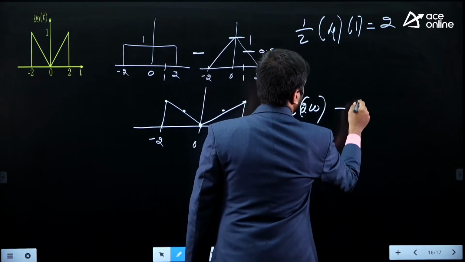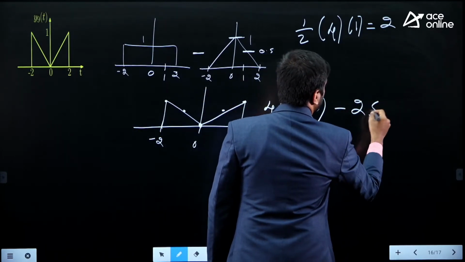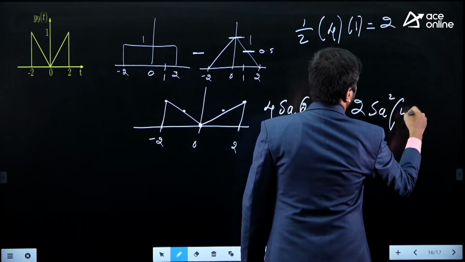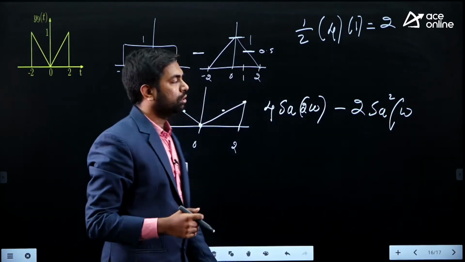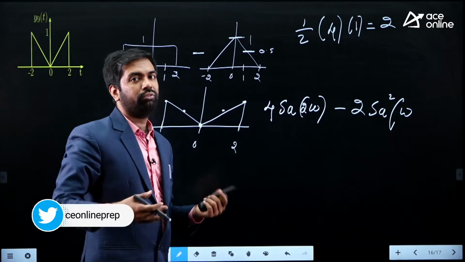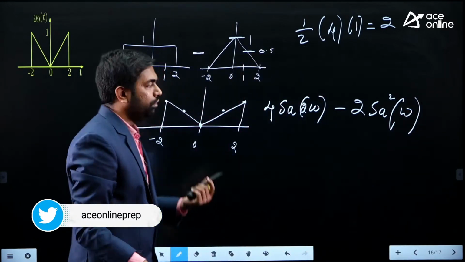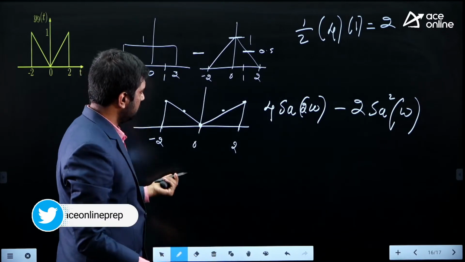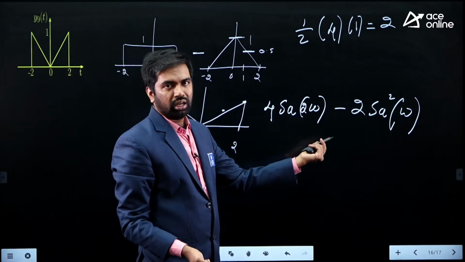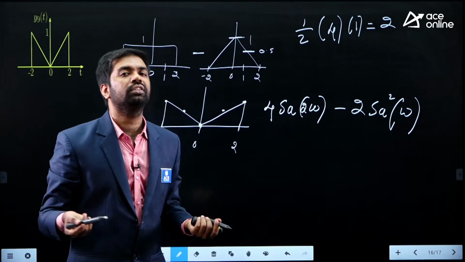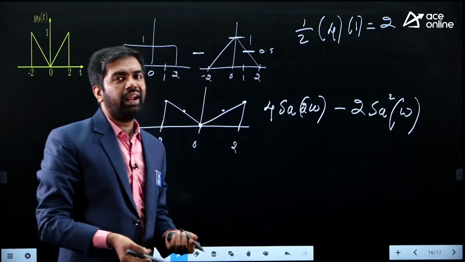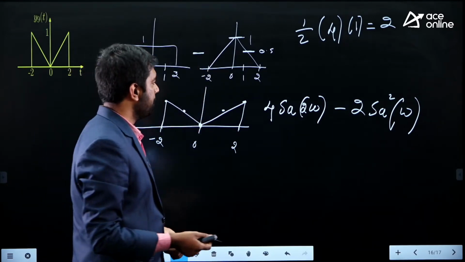So here it's 2 Sa of omega by 4. What's the width? Width is 4. 4 by 4 is 1. That means I got the answer. We got the Fourier transform of this in just one step. Right? So see how useful the rectangular and triangular pulses are.